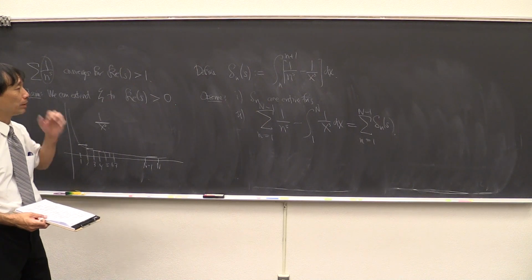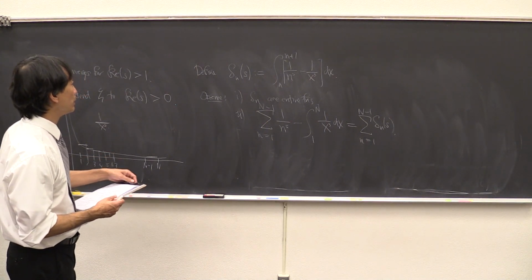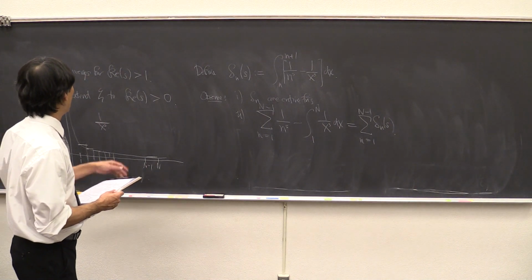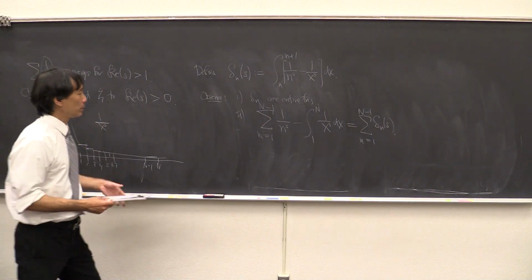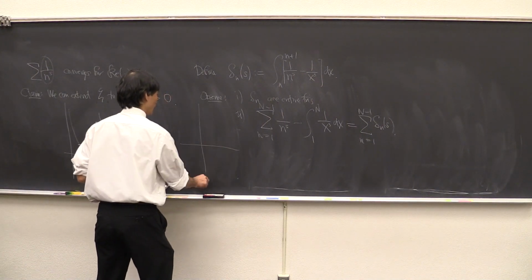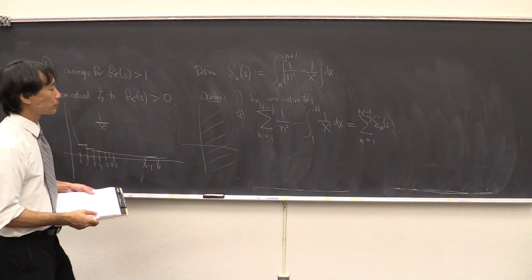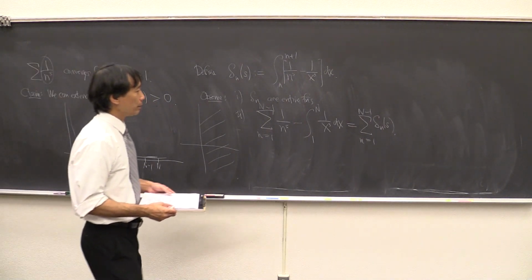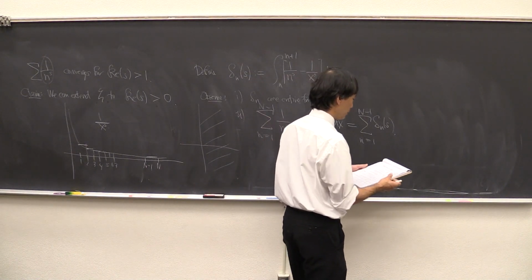So how do we use this to extend zeta to the right half plane from 0 onwards? Maybe I should just do it.